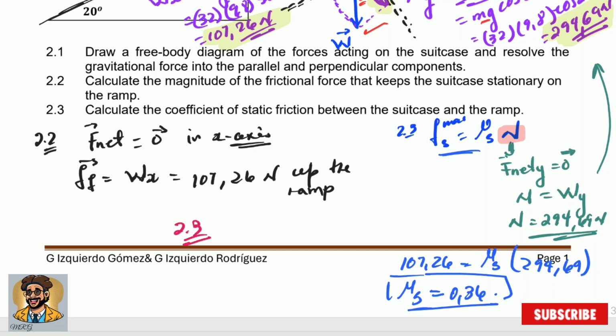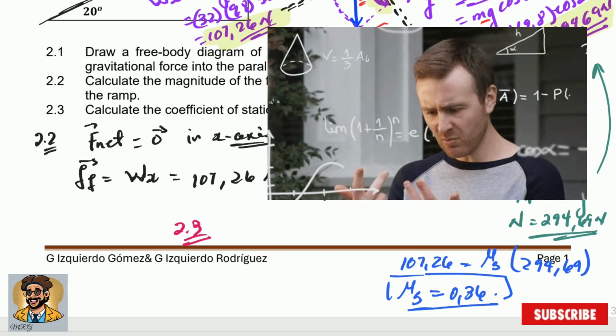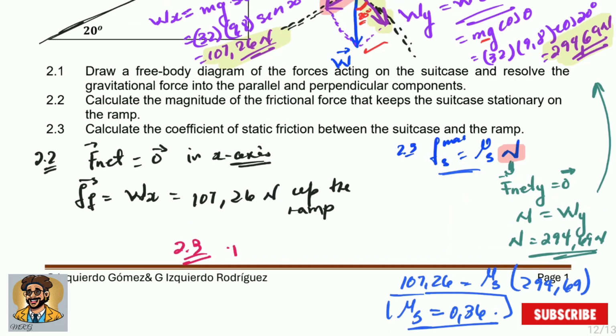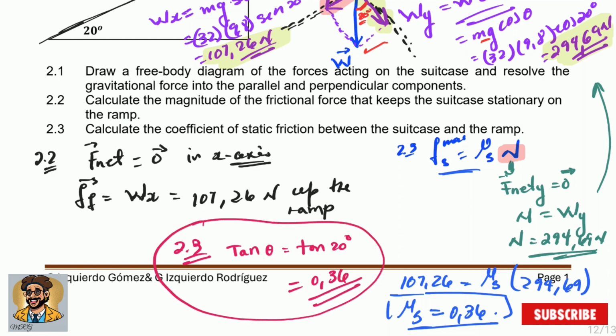Instead of doing this one, you get the tan of theta, which is tan of 20 degrees, and that one will give you the static coefficient of friction. This one is 0.36. There we go. So alternatively, you can do this one. You ask your teacher if you are allowed to do that one, and that one is quite simple to get the static coefficient of friction in an inclined plane.